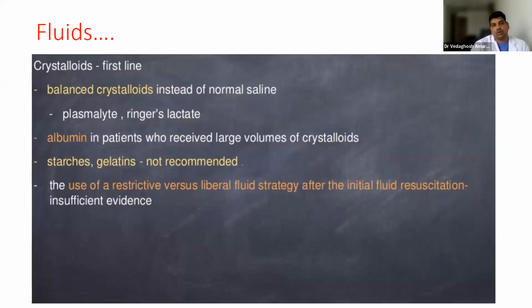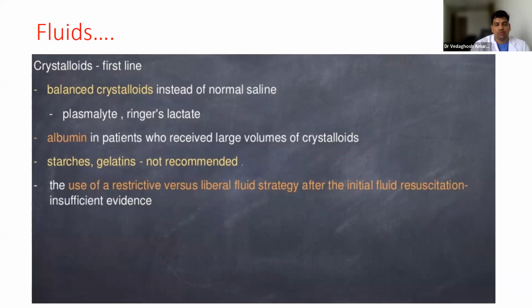Balanced crystalloids are always the preferred fluids because they prevent certain side effects like hyperchloremia, acute kidney injury, and coagulation derangements. But they say albumin can be used in patients who have received large volumes of crystalloids, say some 6 liters of fluid, you can supplement with albumin.